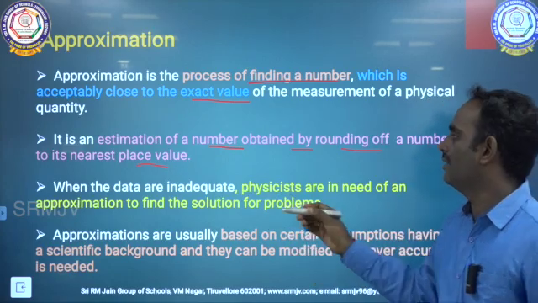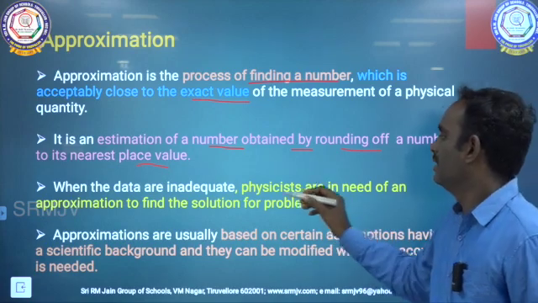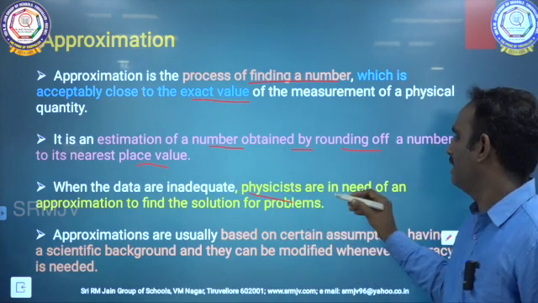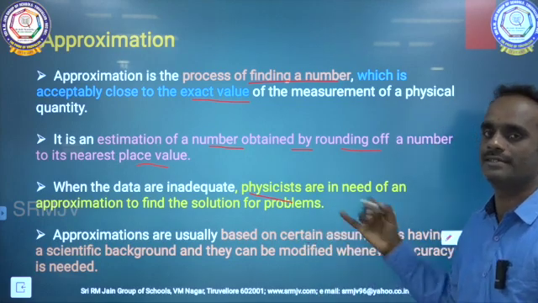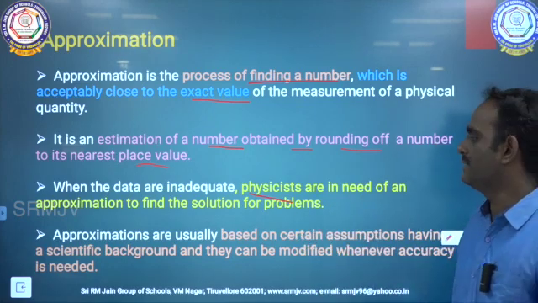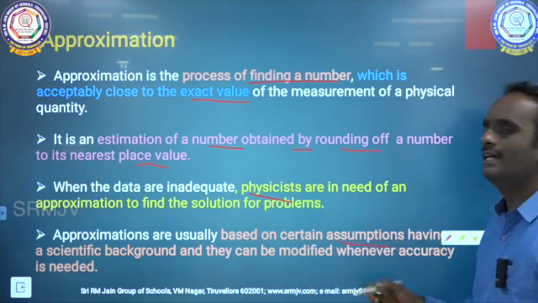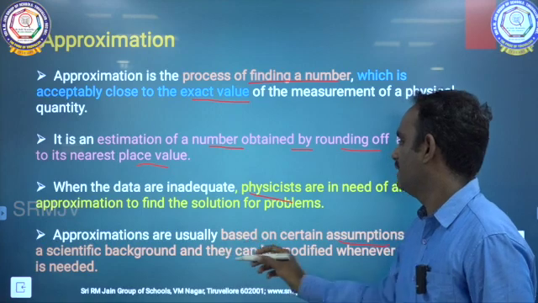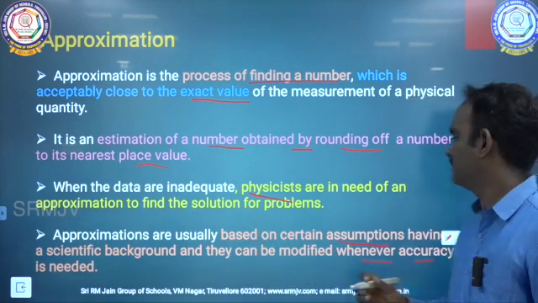When the data are inadequate, physicists are in need of an approximation to find the solution. Approximations are usually based on certain assumptions having a scientific background, and they can be modified whenever accuracy is needed.